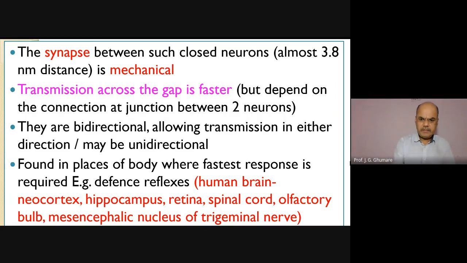Where is it present in the human brain? We have an area called the neocortex, remember, the area of the cerebral cortex which is responsible for sensory perception: taking the stimulus, analyzing the stimulus, and giving the proper response. Such an area is called the neocortex.